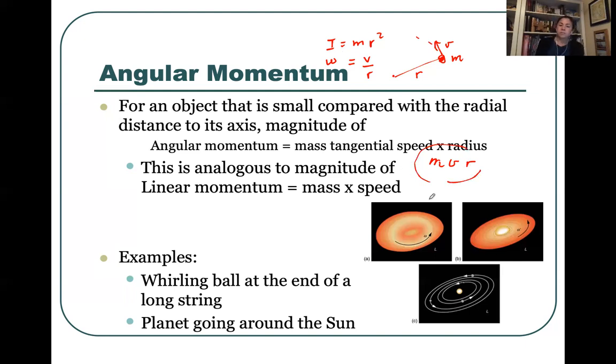This would apply to a round ball at the end of a long string, something that will look like this. You don't need the string, as it turns out. That also works for planets going around the sun. I just wanted to show you this picture.